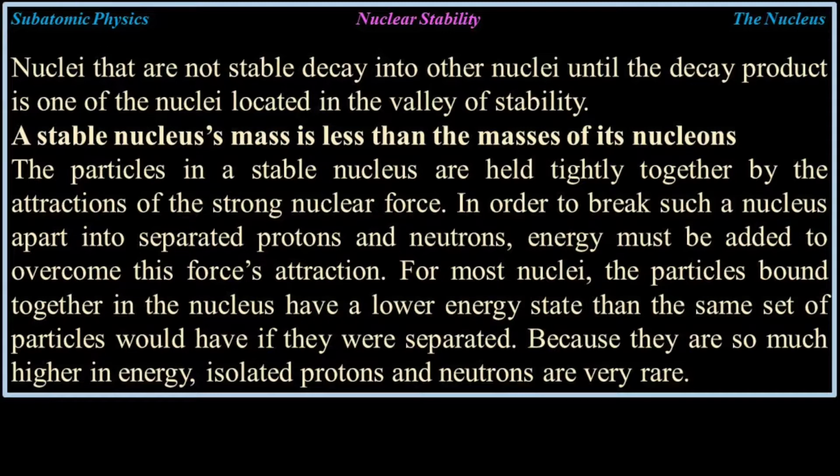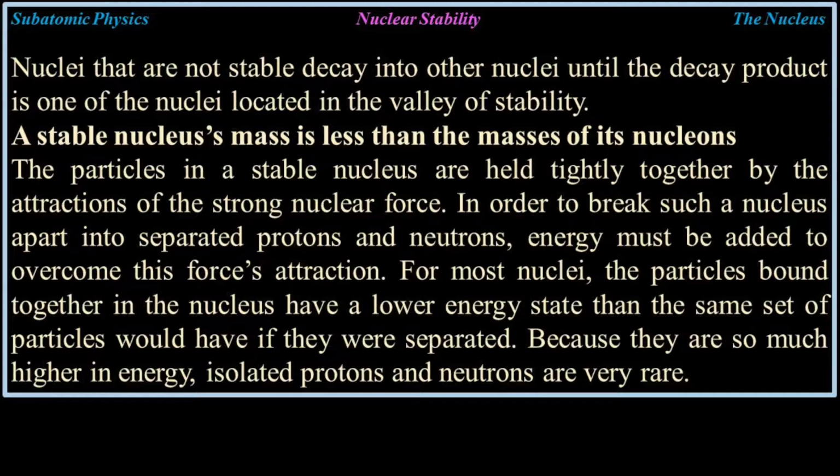In order to break such a nucleus apart into separated protons and neutrons, energy must be added to overcome the force's attraction. For most nuclei, the particles bound together in the nucleus have a lower energy state than the same set of particles would have if they were separated.